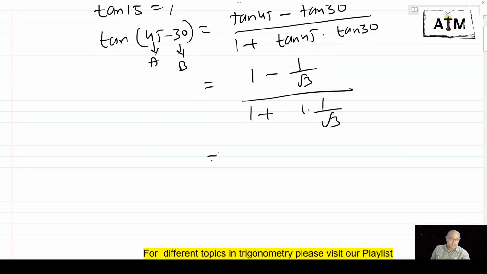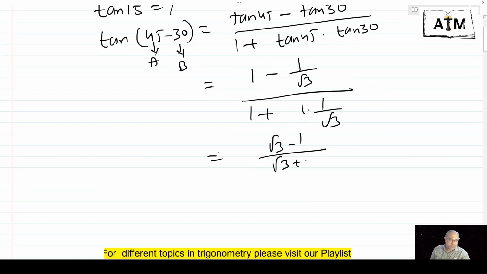Simplifying further, we get root 3 minus 1 upon root 3 plus 1. That is tan of 15 degrees.